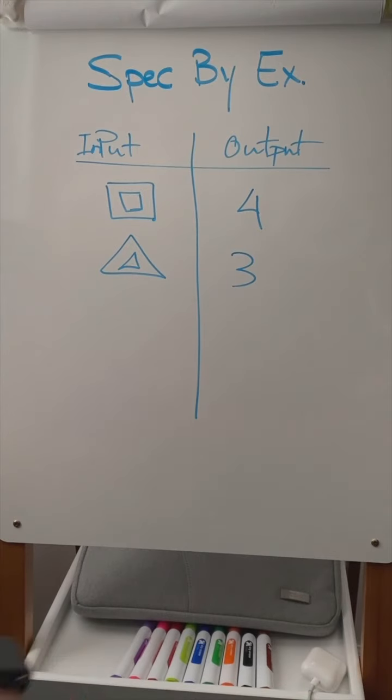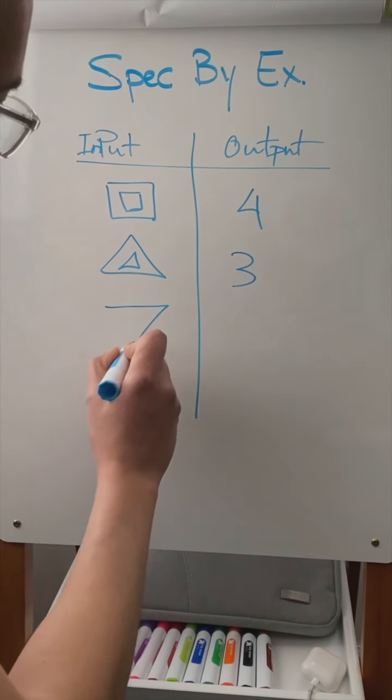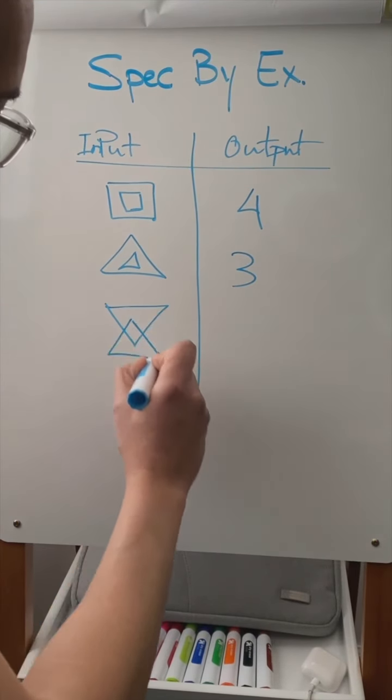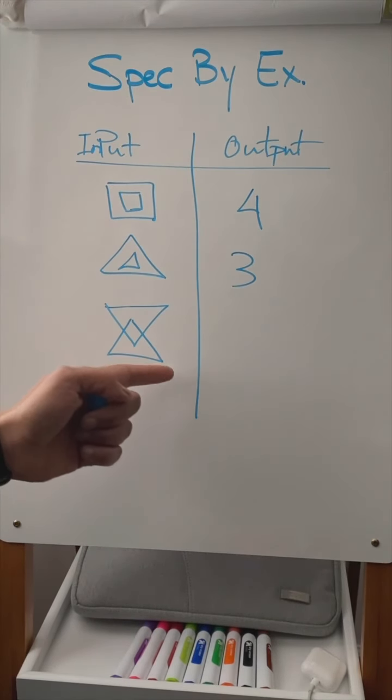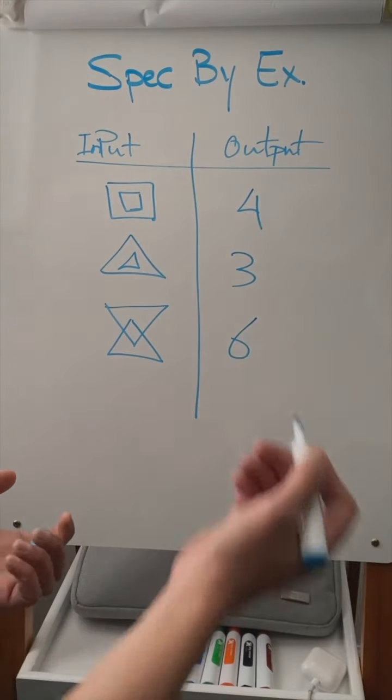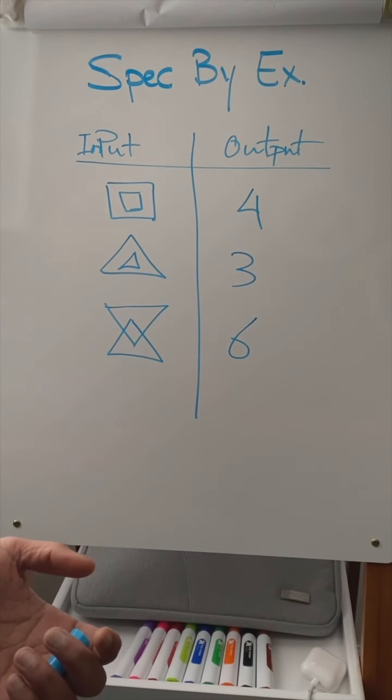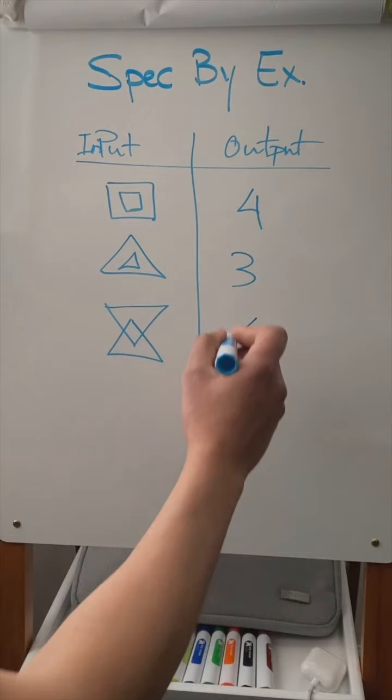I start building on it, and let's see if we as a team have the common understanding of what I have in mind as a product owner. Okay, now if this is a 4, this is a 3, this is, we don't know, maybe 1, 2, 3, 4, 5, 6, maybe. And so as a product owner, nope, this is not what I'm expecting.